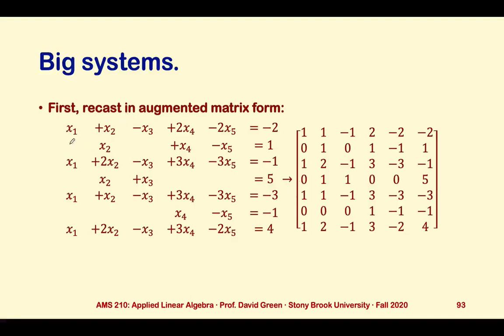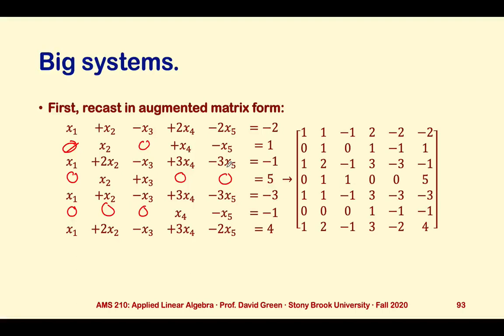Keep in mind that everywhere where there's a missing entry, we need to place a 0. Right? We don't need to fill these zeros in the system of equations form, but they are implicitly there, and when we move to augmented matrix form, we have to.